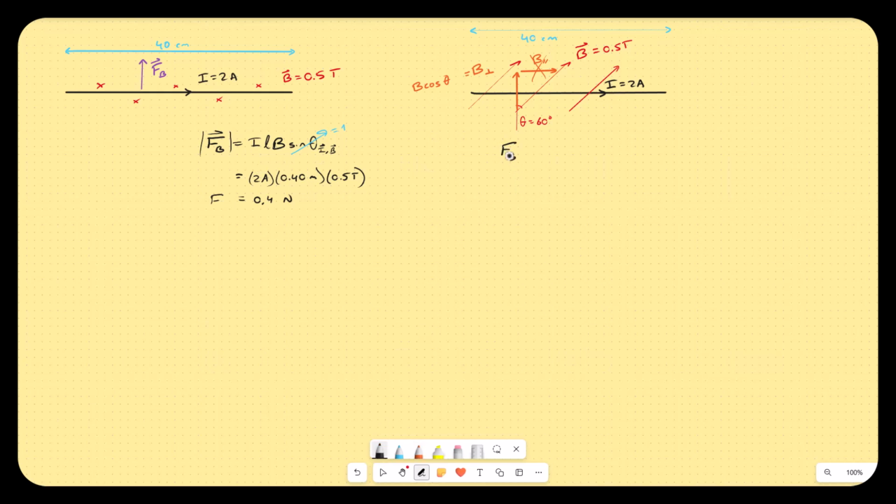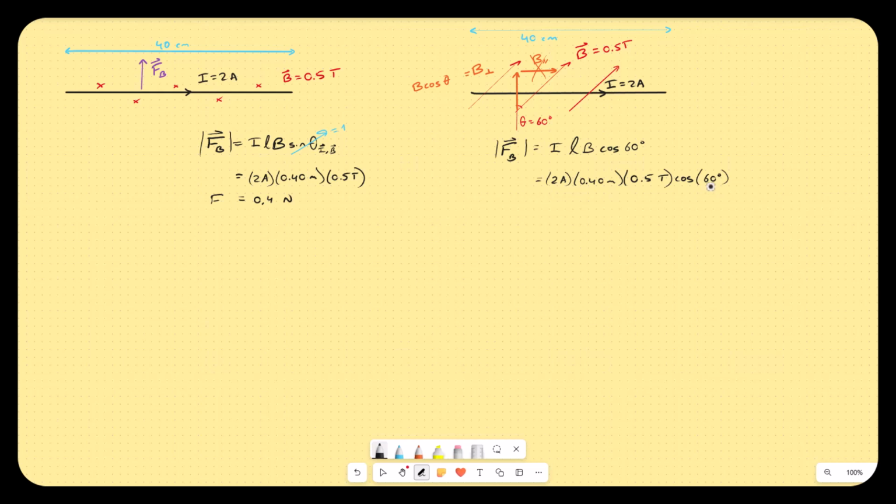So now my force magnitude is the current times the length times the B field times the cosine of 60 degrees. So I'm going to get 2 amps, 40 centimeters, B field half a Tesla, times the cosine of 60 degrees.